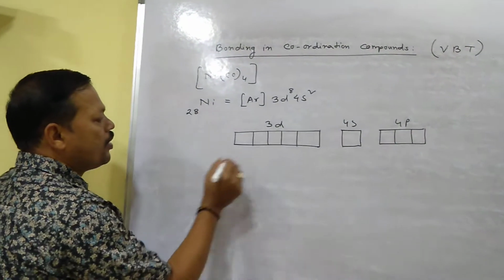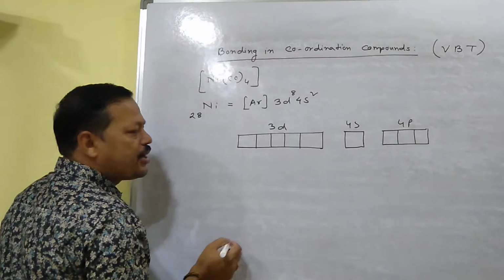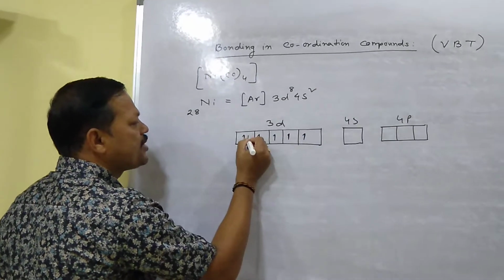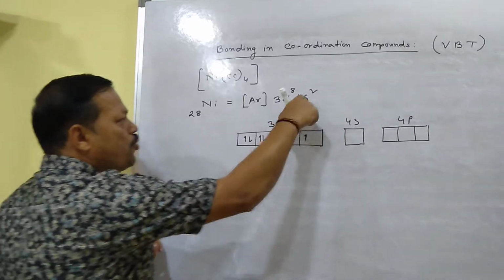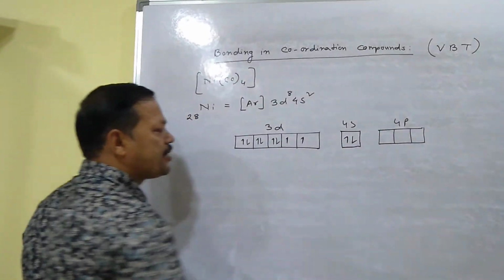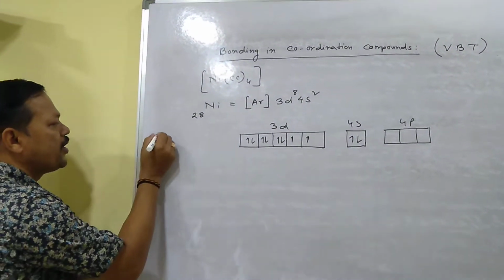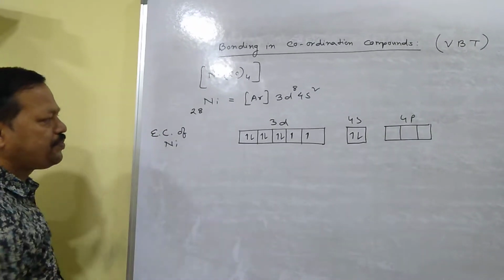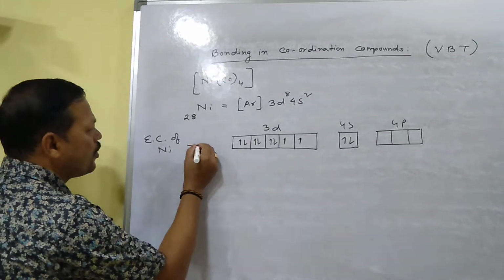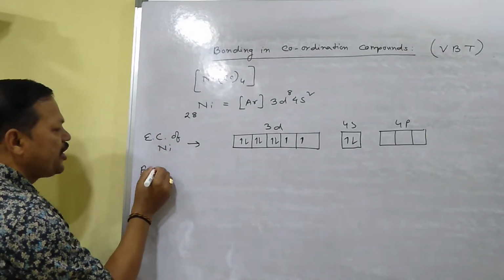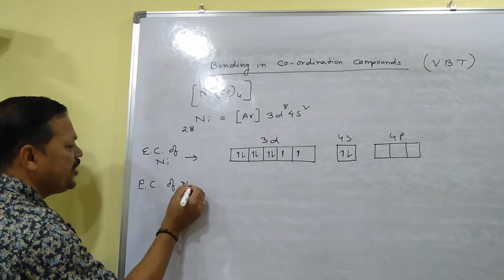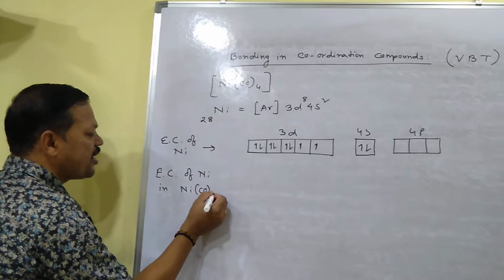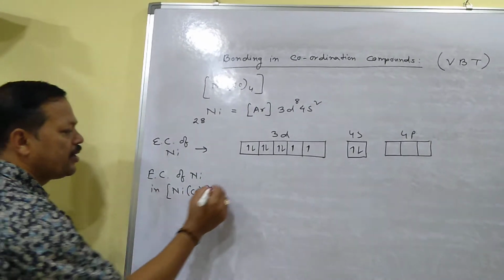So how many electrons does 3d contain? 8: 1, 2, 3, 4, 5, 6, 7, 8 electrons. 4s contains 2 electrons. So this is the electronic configuration of nickel in the complex tetracarbonyl nickel.